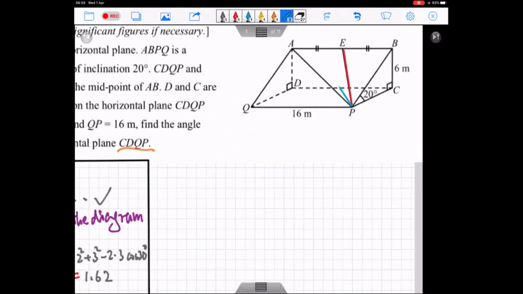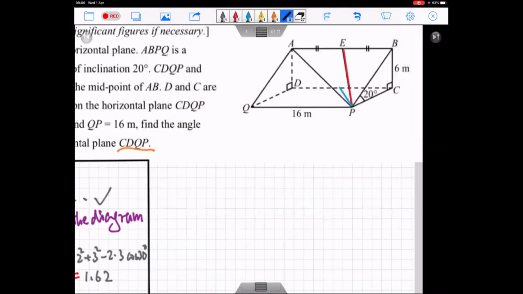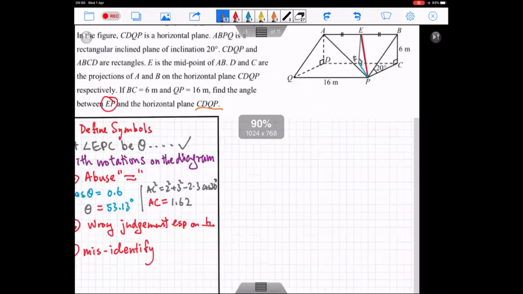The blue one is on the ground level, and the point E, the foot of perpendicular, drops to this point F. This is a right angle. EF is vertical to the ground, so it is perpendicular to every straight line on the ground. So we have this triangle, we have this angle.